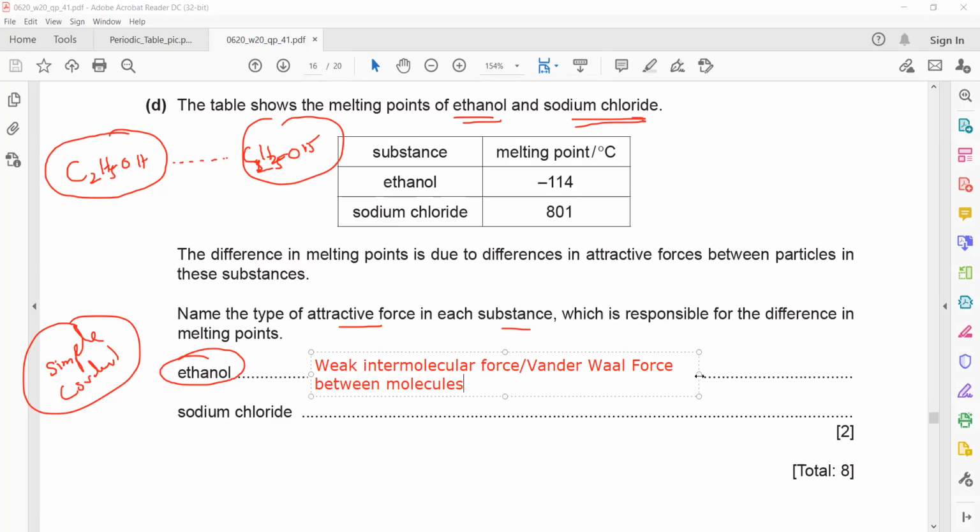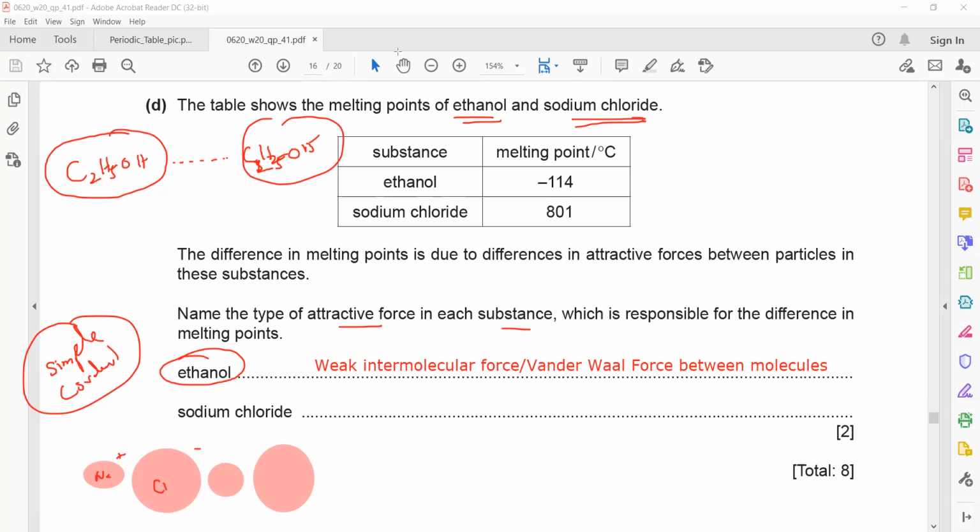And in an ionic compound like sodium chloride, we have a positive sodium ion and then the chloride, then another sodium and then chloride. This is one unit of sodium chloride and this is another.